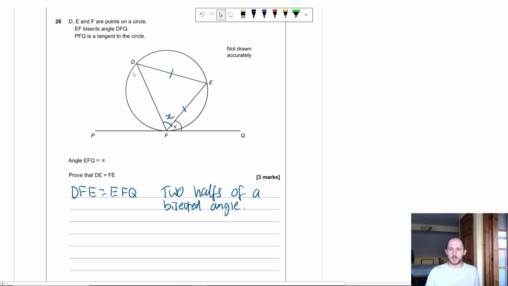Now I'm going to use the alternate segment theorem to say that this angle here at D is also equal to this. So FDE equals EFQ, alternate segment theorem.